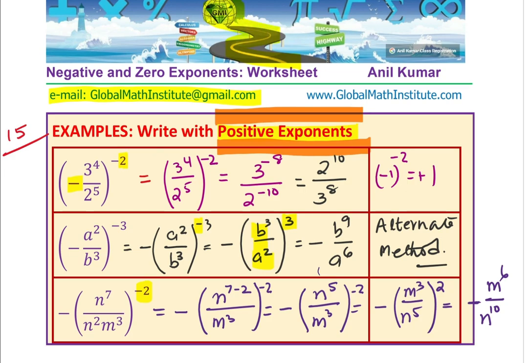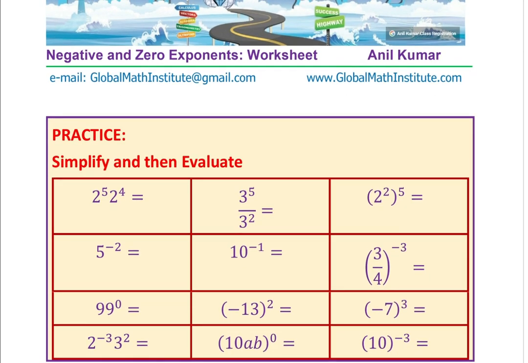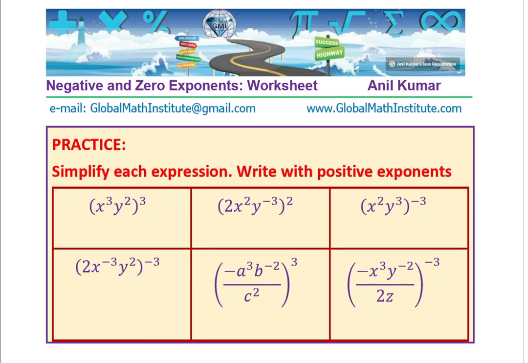Perfect. So this is one set of questions for you. Very simple this time. Like our example where we'll just simplify and then evaluate, right? So many questions are given to you here. So normally we are placing 3 times 4, 12 questions in each. And this time we have 6 questions for you. But here we have expressions. Do you see that? We have to simplify each expression rather than working with numbers.